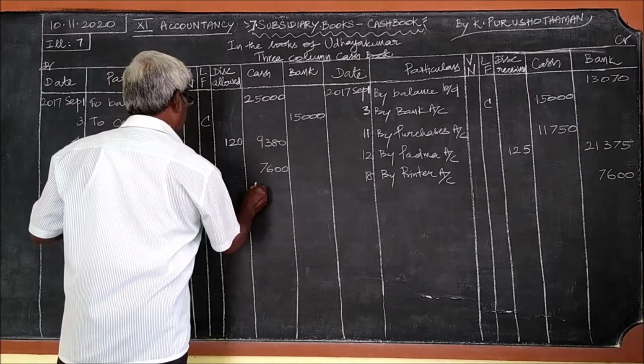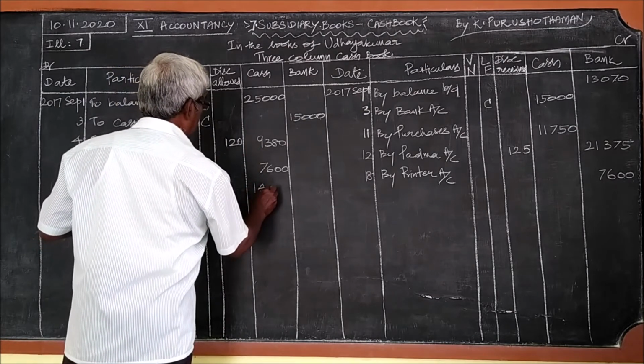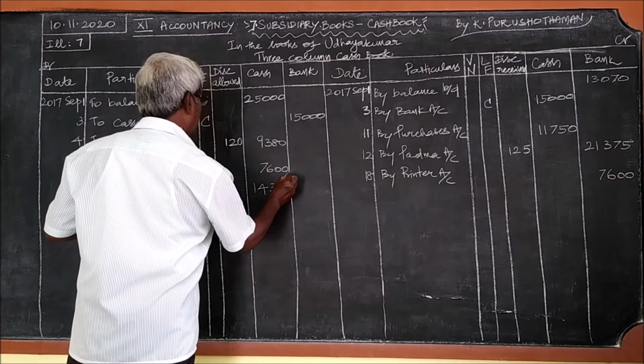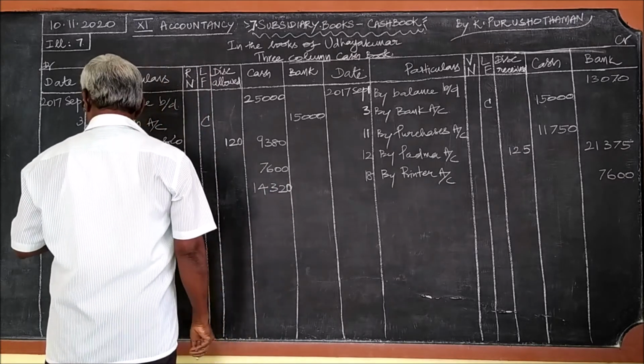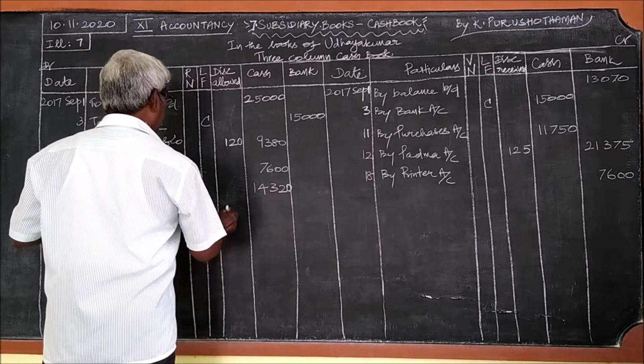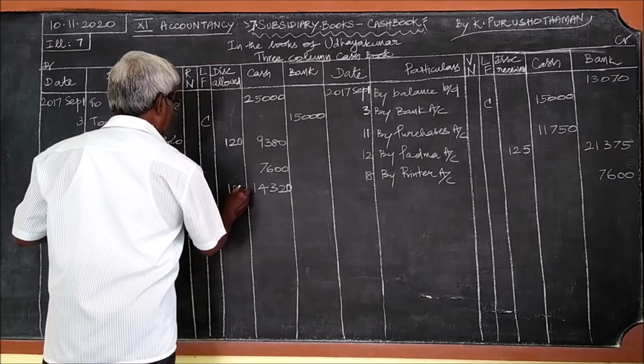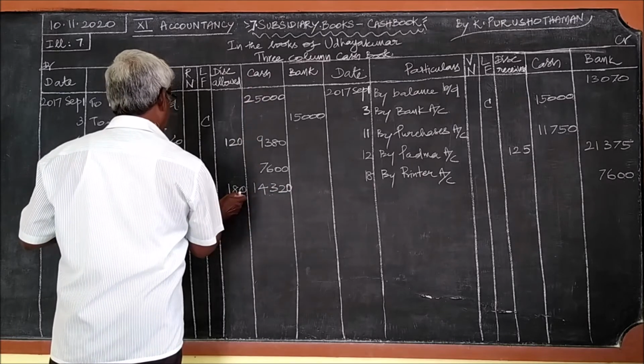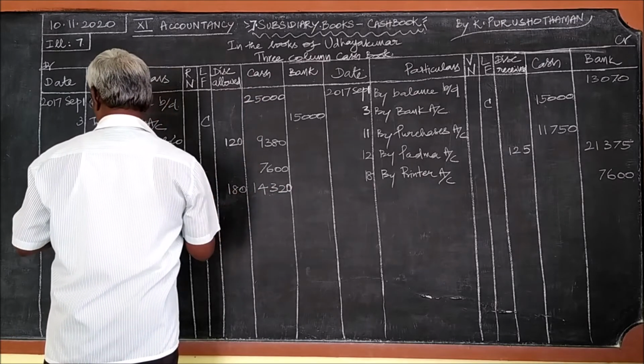Received cash, therefore cash column only. Discount allowed to him 180. So the amount we have received, therefore discount also will appear here.